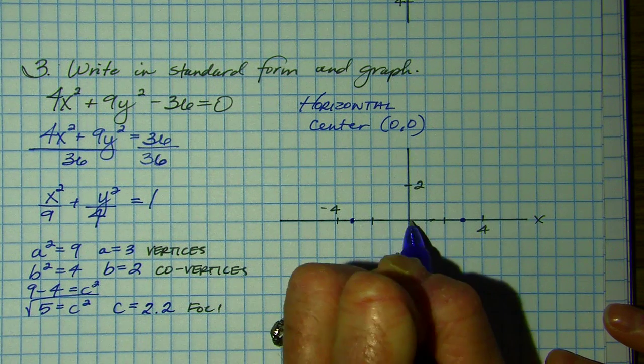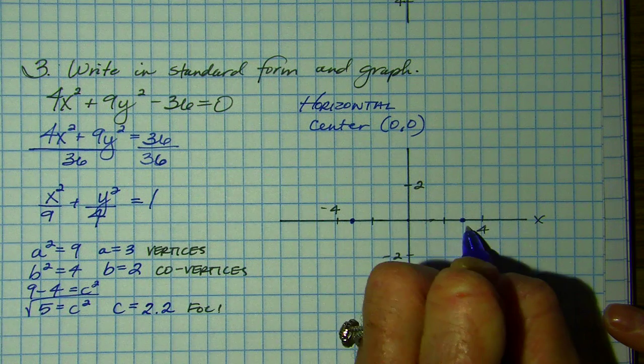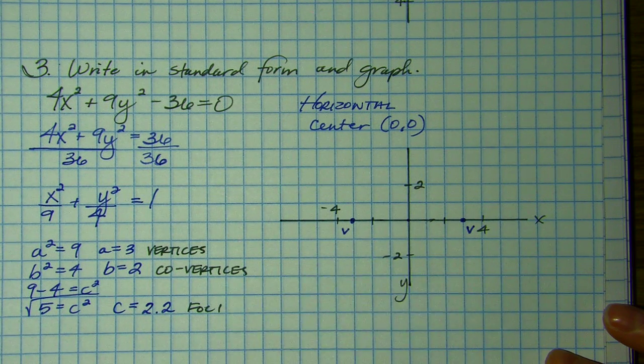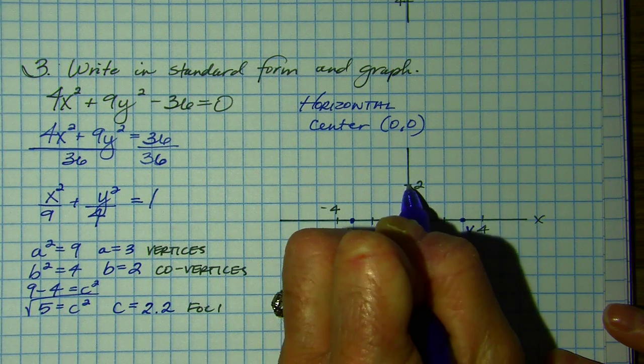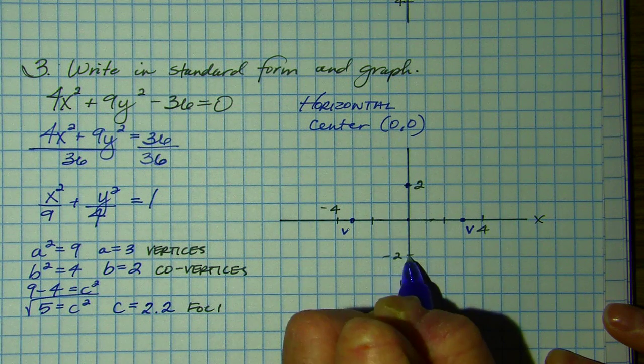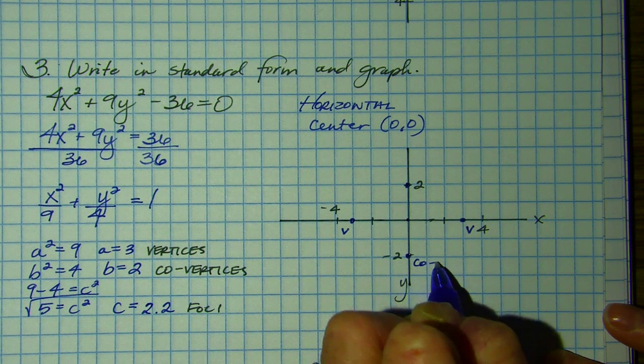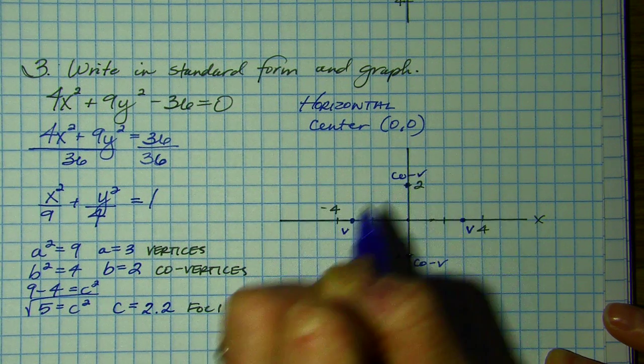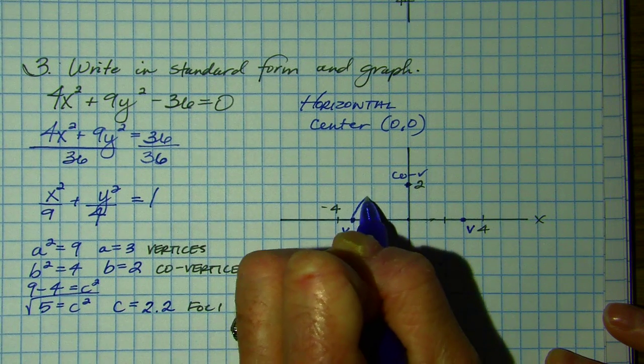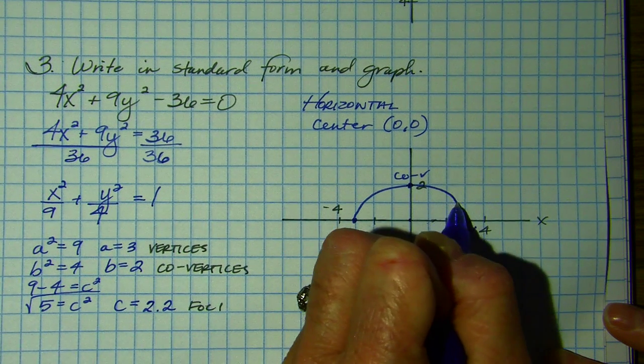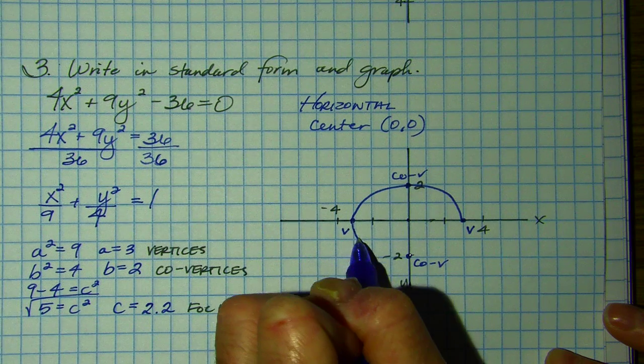To the right 3, to the left 3. Those are my vertices. I'm just going to label it with a V. Back to the center, up 2. Back to the center, down 2. There are my co-vertices. So again, I have a really small oval.